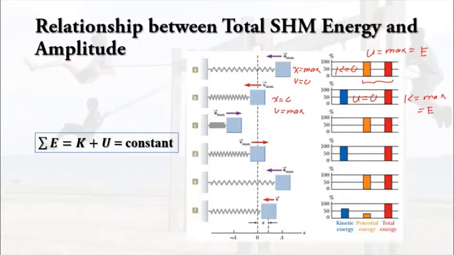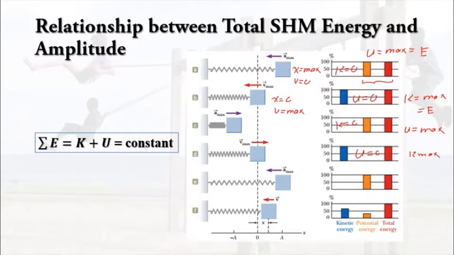So let's go to the negative amplitude. We have again K equals 0 because it is at its turning point, and U equals the maximum value, equal to the total energy. And when it goes back to the equilibrium position again, we have U equals 0, K equals maximum. It keeps going on. What if it is located in between the equilibrium position and the maximum point?